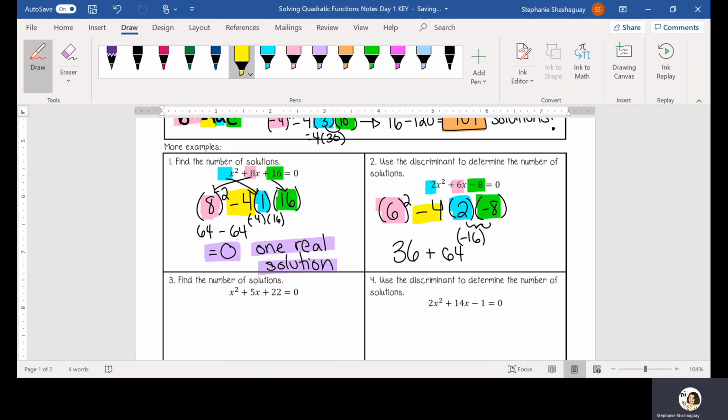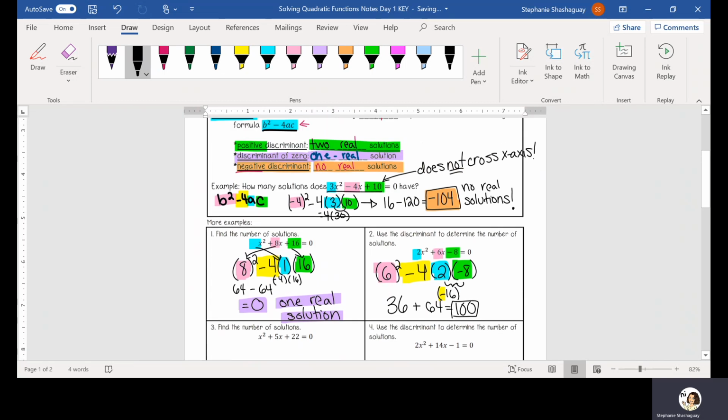So I have a negative multiplied by this negative, so I'm going to get a positive number. So 36 plus 64, and that is going to equal 100. Well, 100 is a positive discriminant, right? So a positive discriminant means there are two real solutions.